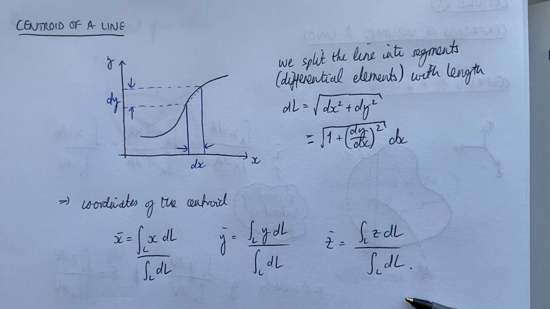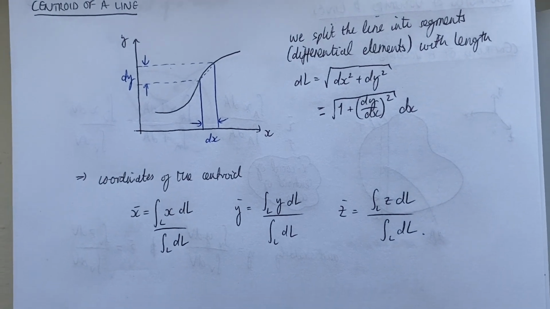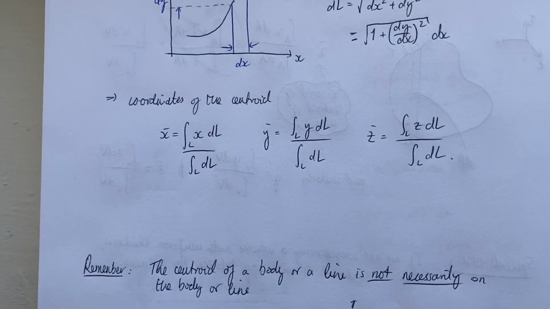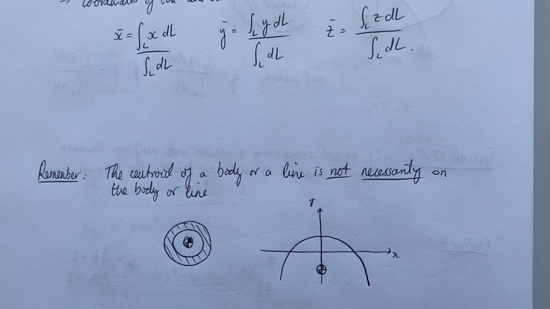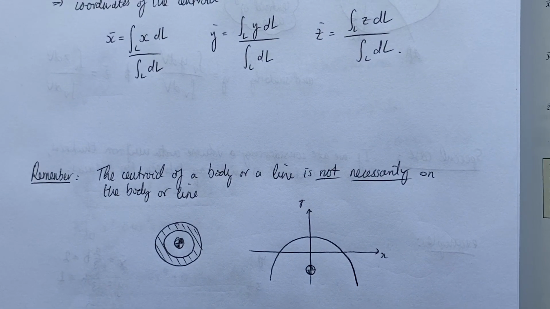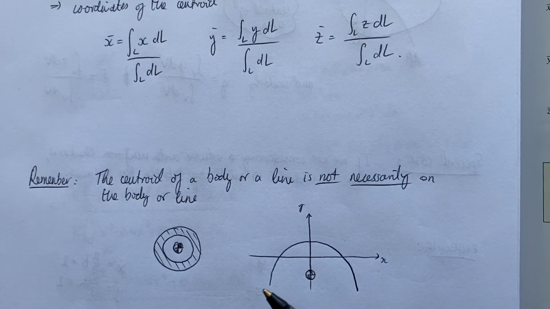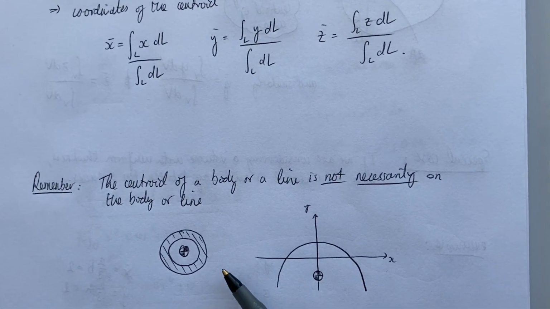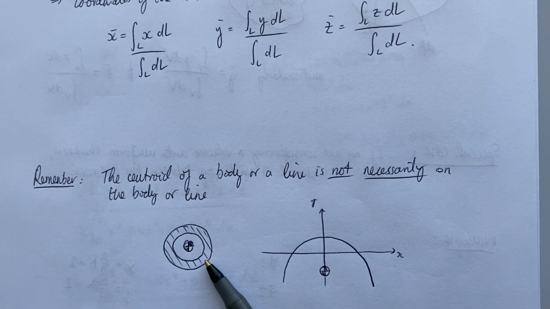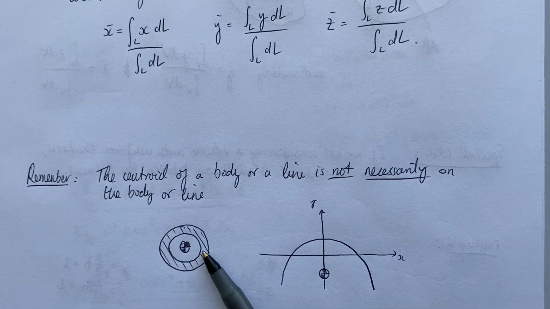So that's how you find the centroid of a line, but there's a couple of things that we need to remember when discussing this type of thing. And that is that the centroid of a volume, an area, a line, whatever, isn't necessarily on the body or the line or the area. So think about these couple of special cases here. For example, think about a ring.